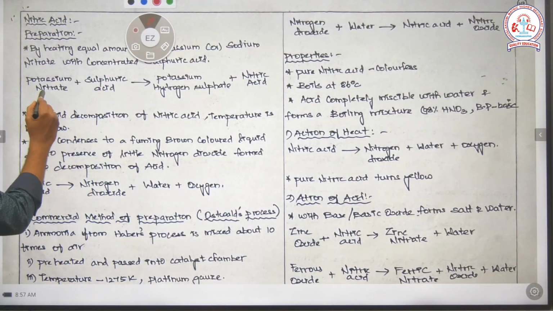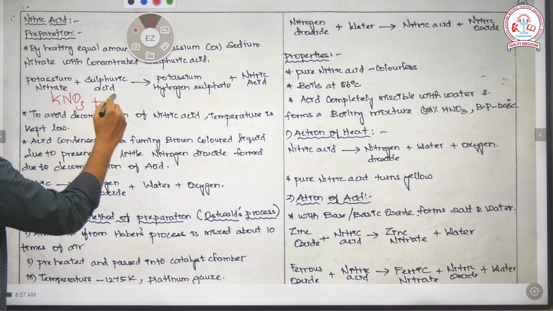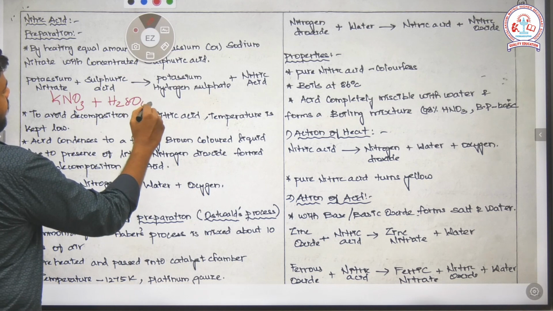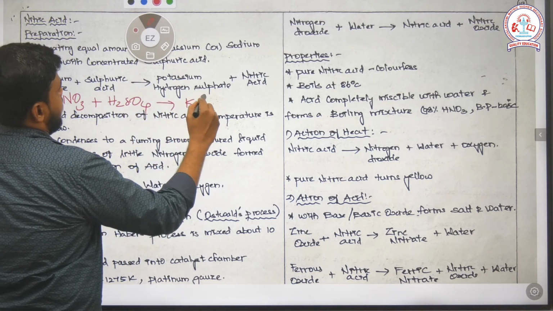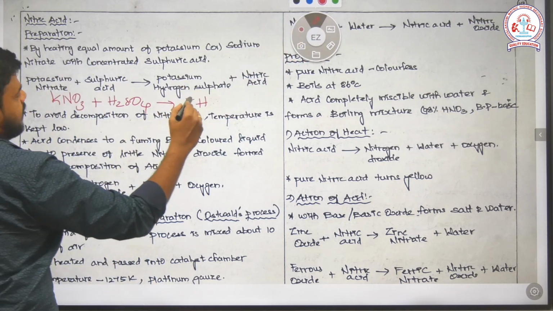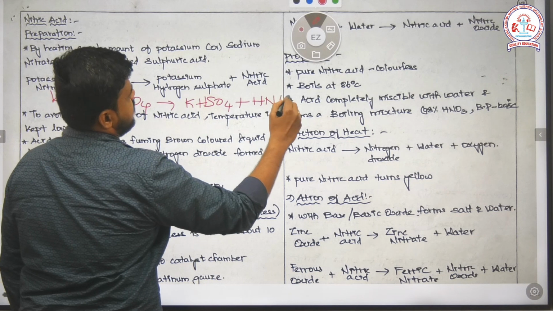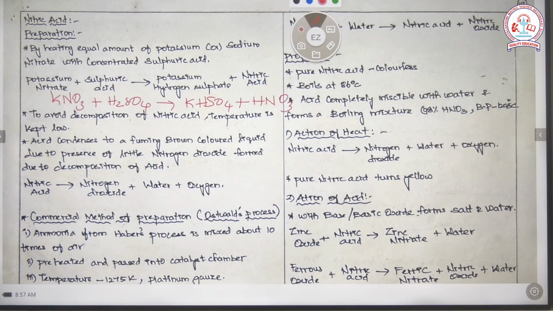See, potassium nitrate KNO3 reacts with H2SO4, gives KHSO4 plus HNO3. So this is how the reaction goes.